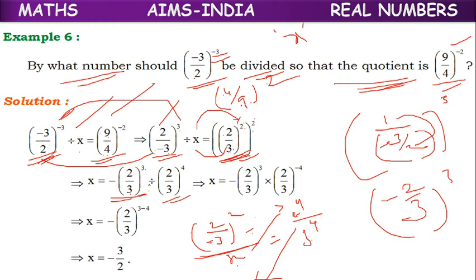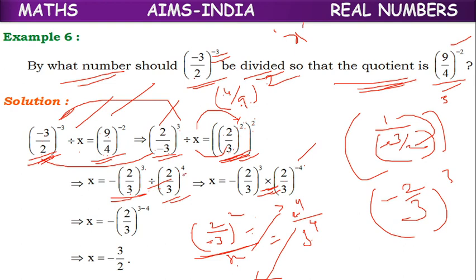Or if we change division into multiplication, then again the power will become negative. If division is converted into multiplication, the power will become negative again.